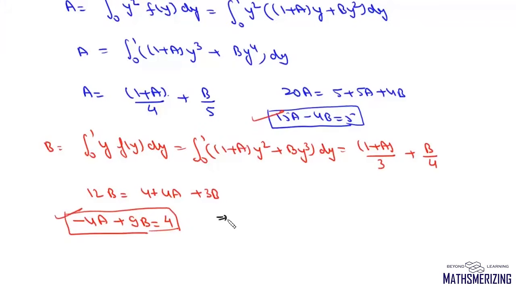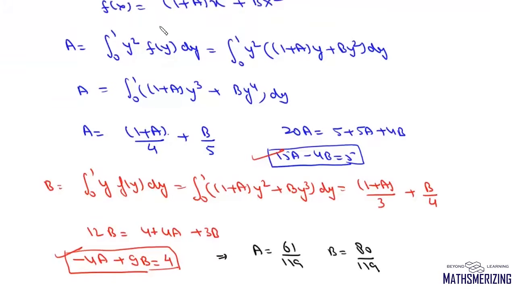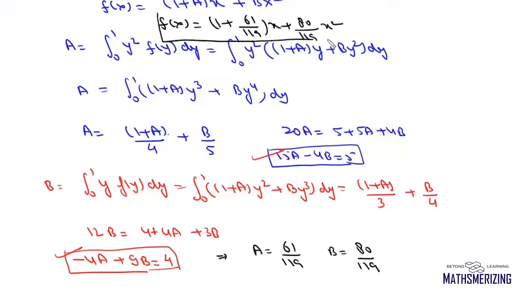So now we have two linear equations in a and b. Now if we solve these two linear equations, we'll get a as 61 by 119 and b as 80 by 119. So once we have a and b, we can write this function f(x). So this function f(x) will be 1 plus, and what is the value of a? a is 61 by 119 x plus b, which is 80 upon 119 x square, and that is the answer to this question.